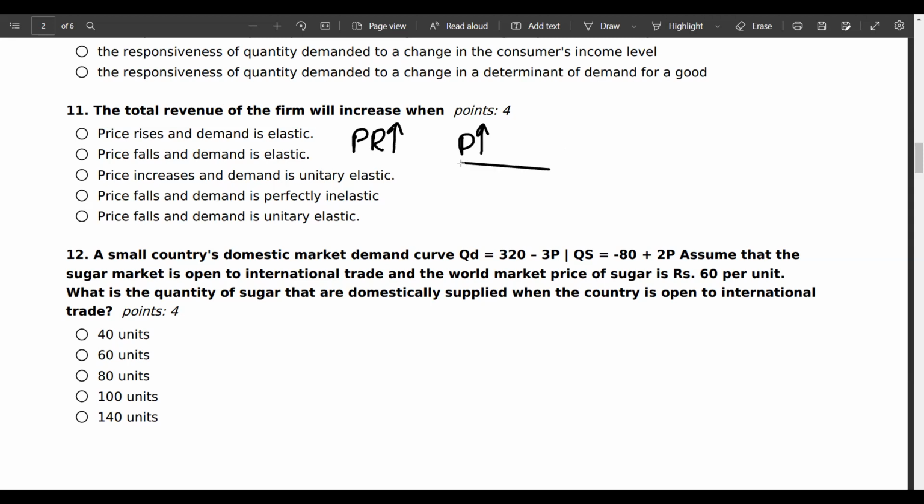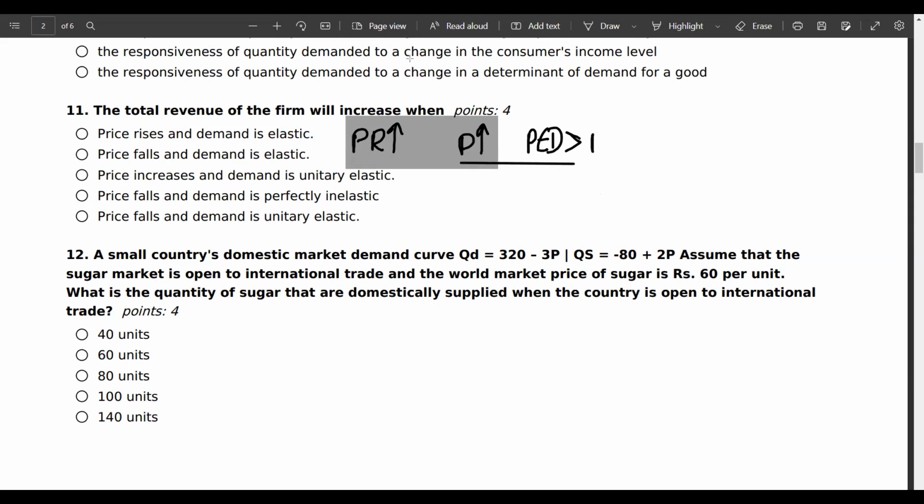And the first answer is about price rising when demand is elastic. That means PED value is greater than 1. And we found out if the PED is greater than 1, producer revenue and price actually have a negative relationship, not positive, right?